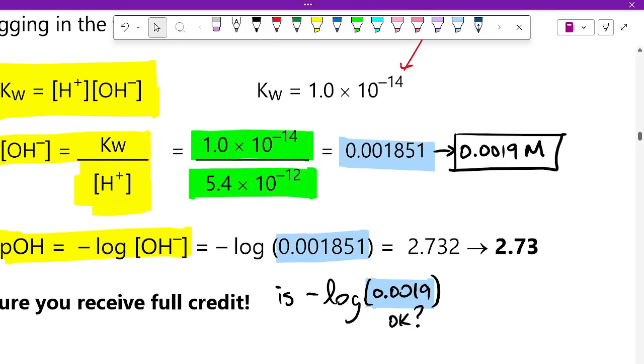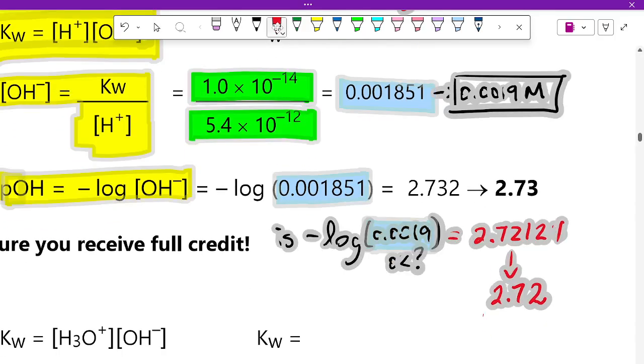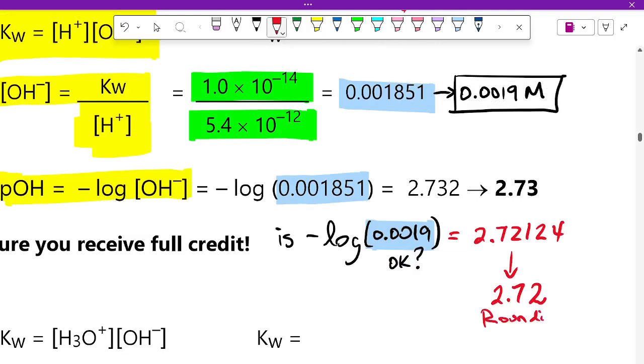Because if we take the negative log of 0.0019, we get 2.72124, which would then round to 2.72, which is a rounding error. Because what should we have gotten if we didn't round it? We got 2.73 as our pOH. So don't round off your digits, just keep the entire number in your calculator, press log, and Bob's your uncle.